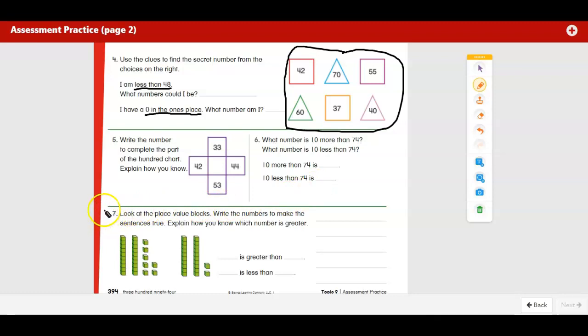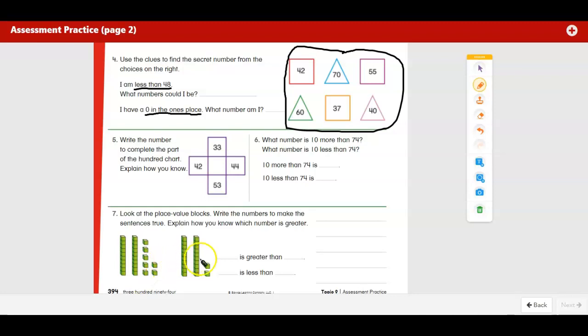And for our last problem, number 7, it says, look at the place value blocks. Write the numbers to make the sentences true. Explain how you know which number is greater. What I would do first for number 7 is count what number both of these models equal.